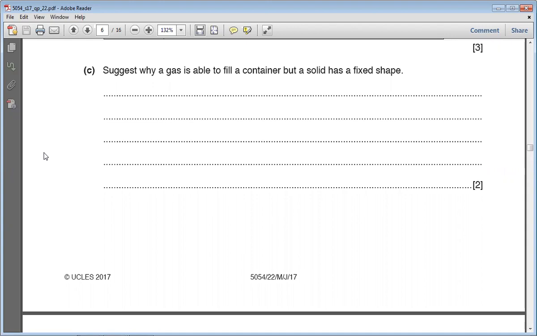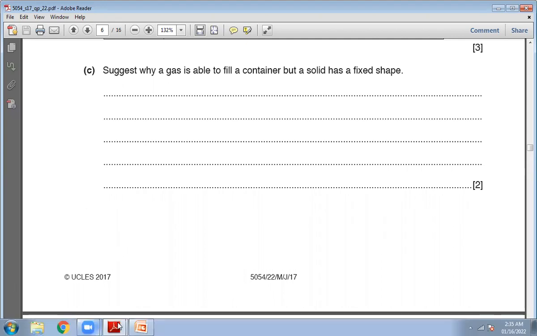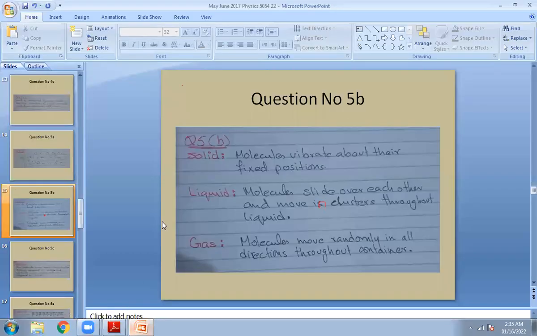So what happens? They can fill a container. On the other hand, the solid molecules are in a fixed position, and they are not moving. They are actually vibrating about their fixed positions. The intermolecular spaces are very small, and the molecules have very strong intermolecular forces, so they cannot fill a container, they have their own fixed shape. So let me show you my answer.